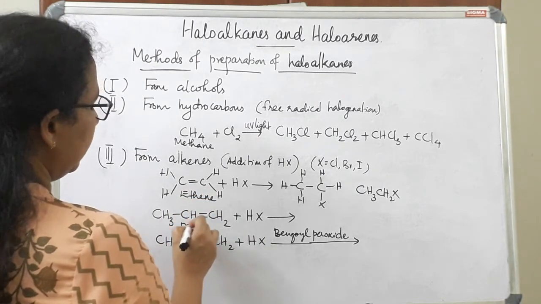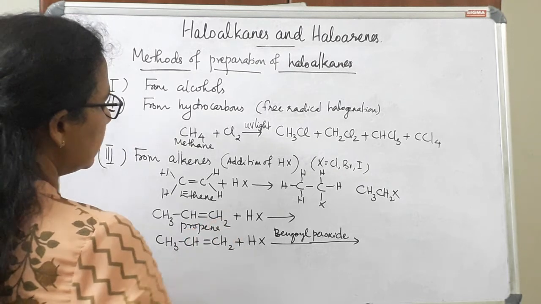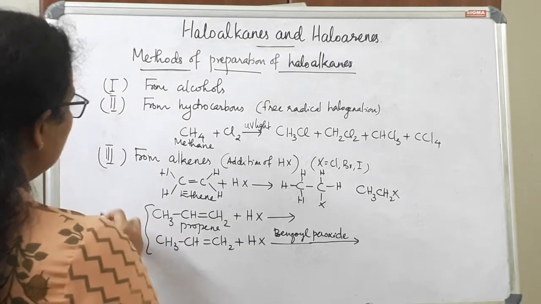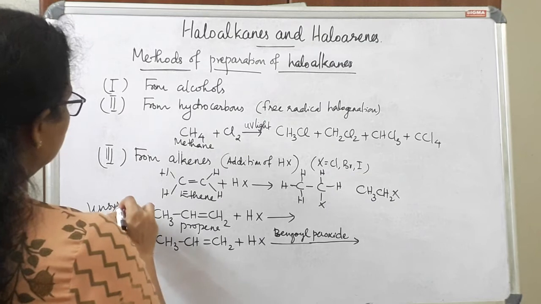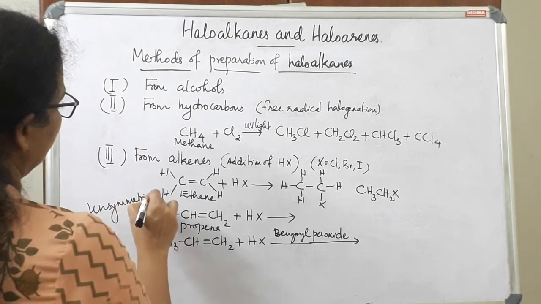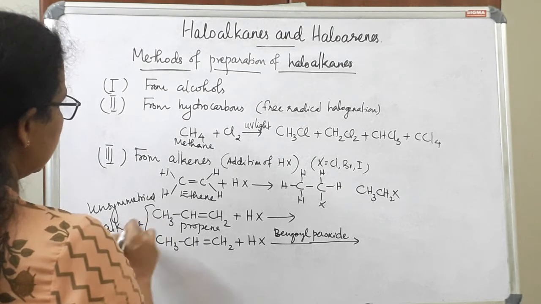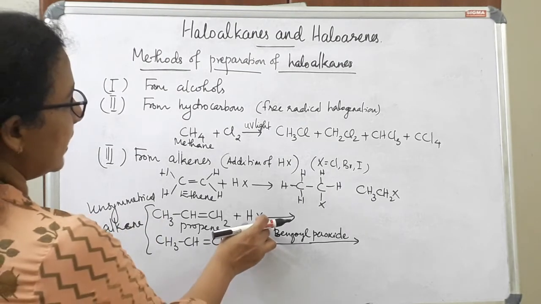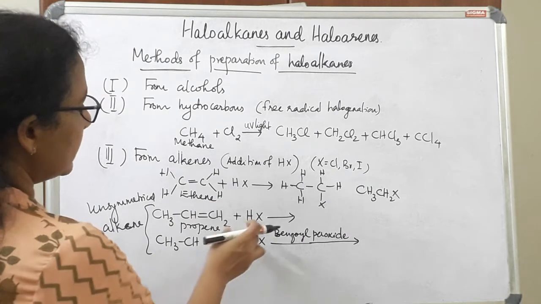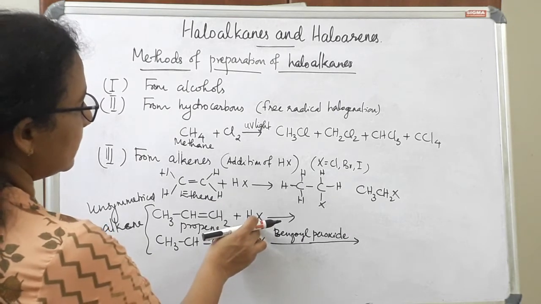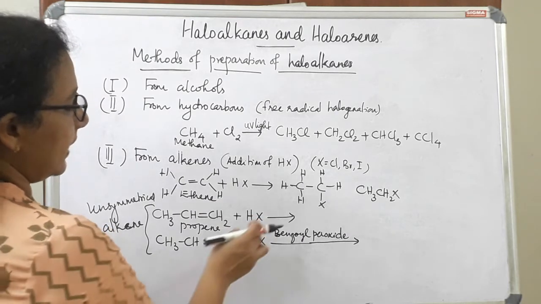So this is actually propene. So this is an unsymmetrical alkene. If unsymmetrical alkene is there, the addition reaction takes place in another way. So in this case we can expect two products actually.